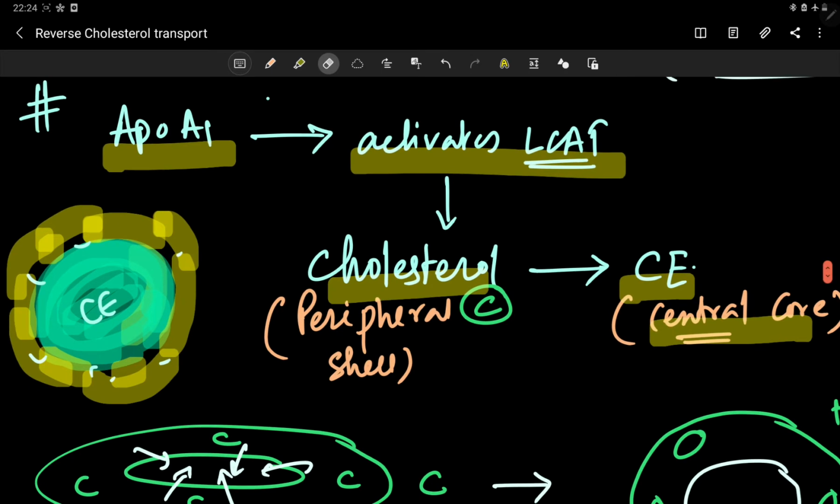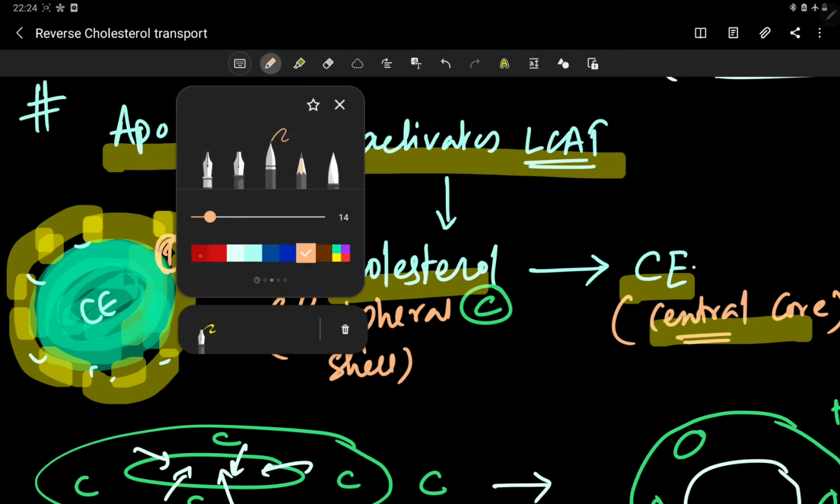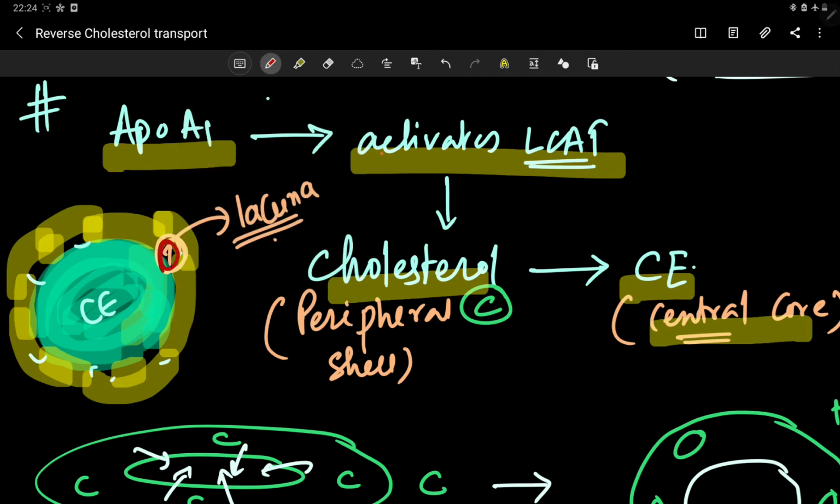These empty spaces are called your lacuna. Why are these empty spaces created? Because previously the cholesterol which is present at this portion is now converted into cholesterol ester and moves towards the core. That's why this lacuna is formed.